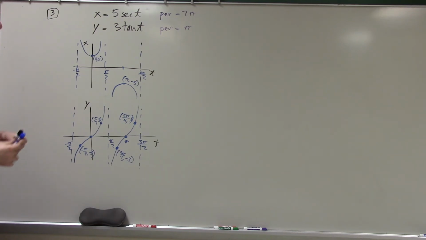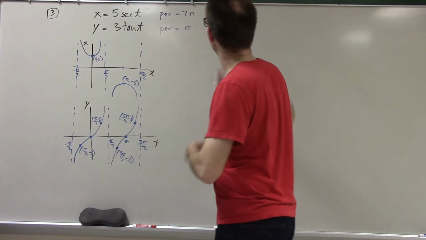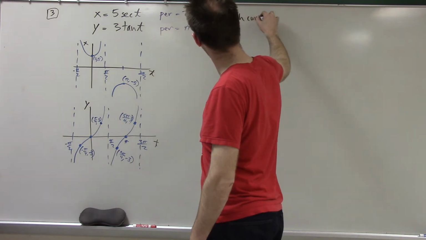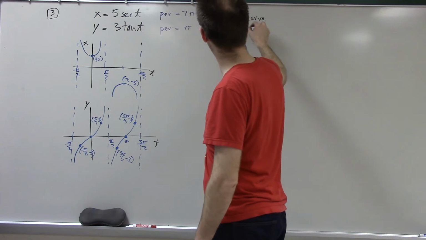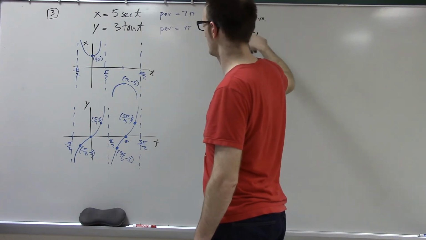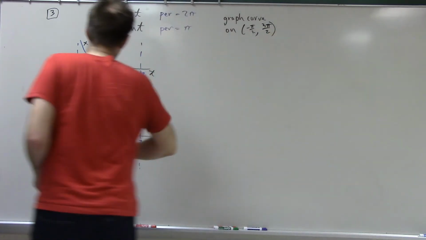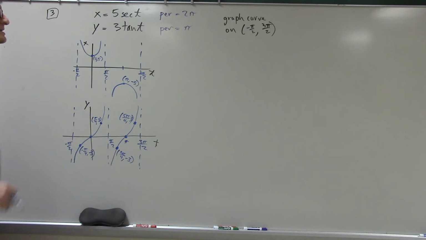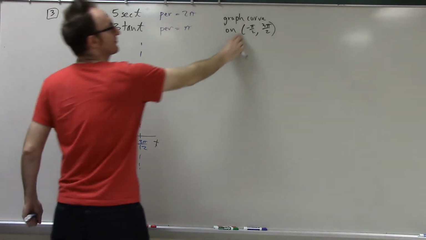I can choose to graph this repeating on any interval I want, but I'm just going to graph the curve on the interval from negative pi over 2 to 3 pi over 2. That's just because that's how I've graphed my x versus t and y versus t curves, and I normally think of secant as starting at negative pi over 2, even though it's periodic, so it goes on forever.